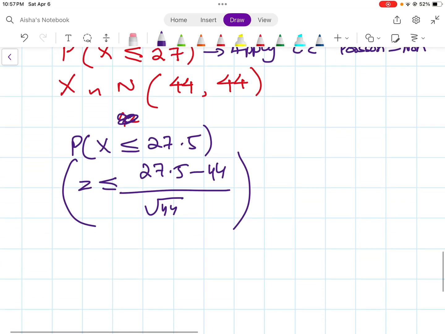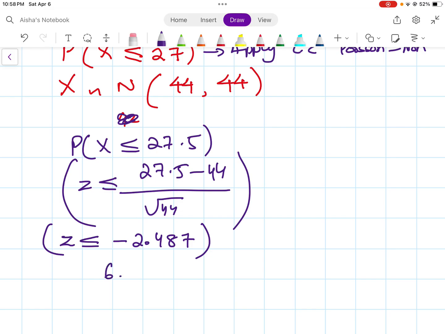Minus 2.487. Let's do the forward reading for this one. Forward reading means finding out the probability. You can read the table, you can use the calculator. So multiply this by 100, we say this is 0.64.